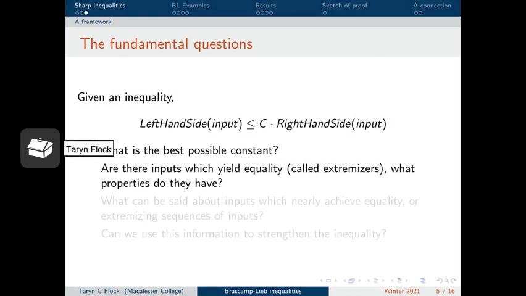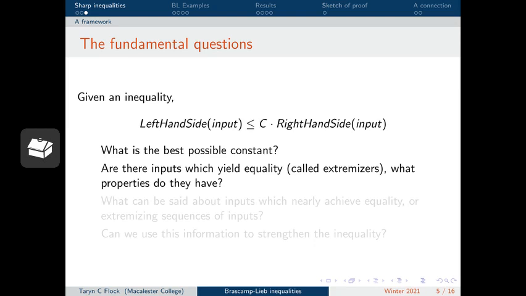This is the very general question that I like to consider in my research. Given some inequality, like area of a shape is smaller than perimeter squared, what is the best possible constant? Is it actually that area can be 12 times bigger than the perimeter squared, or is it 12 times smaller?